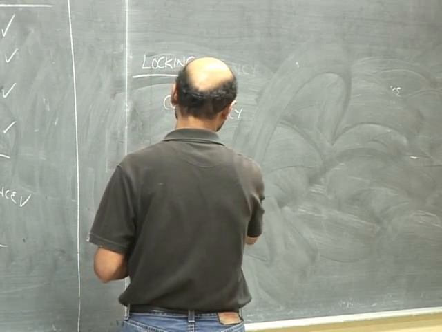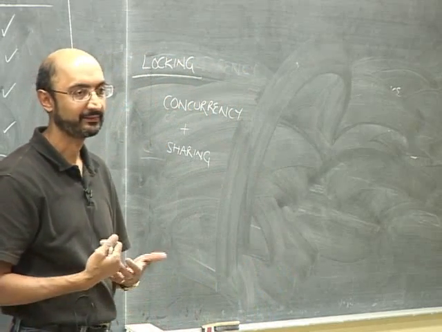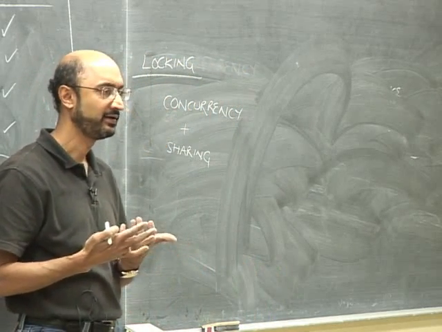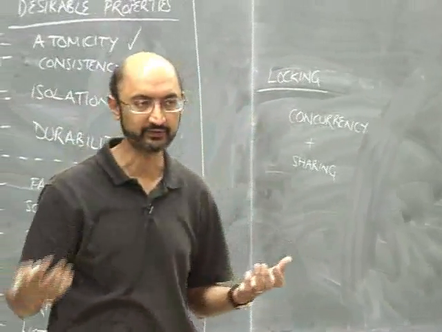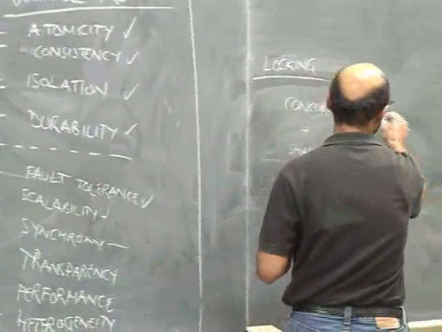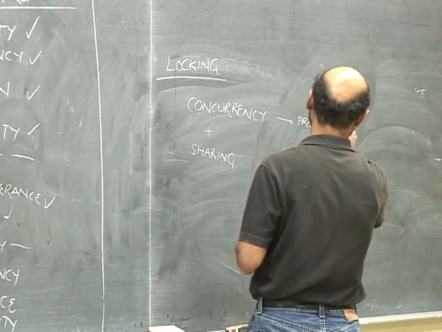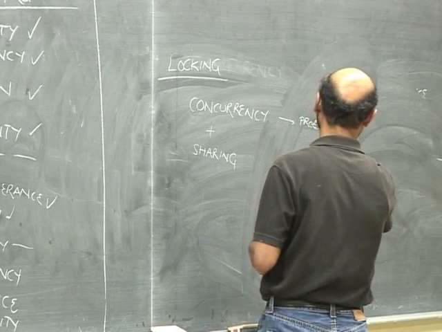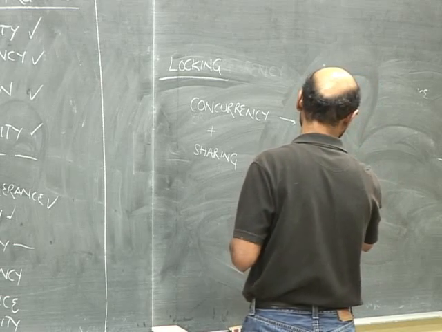That's what leads to the need for locking, okay? So to be more precise, let us say that we have two processes that are both trying to access the shared state. Concurrency because you have processes. And the shared state is the number of tic-tac-toe players.